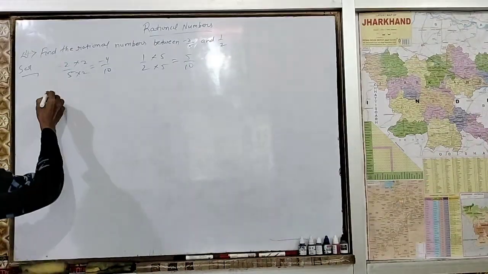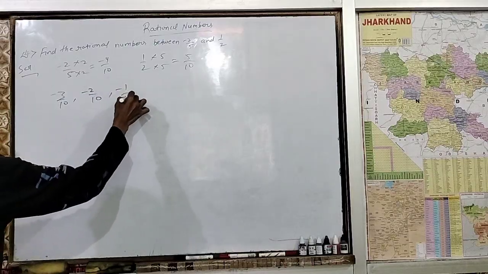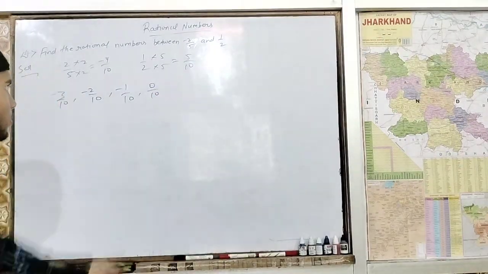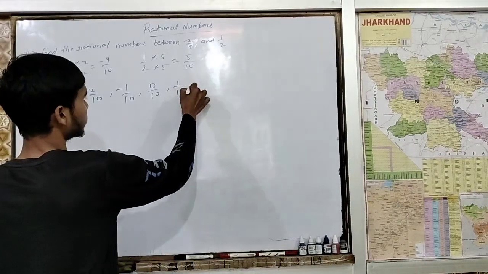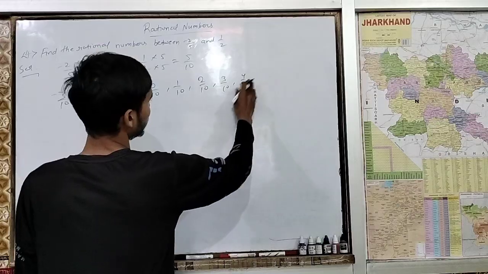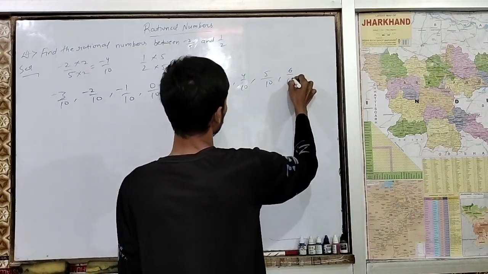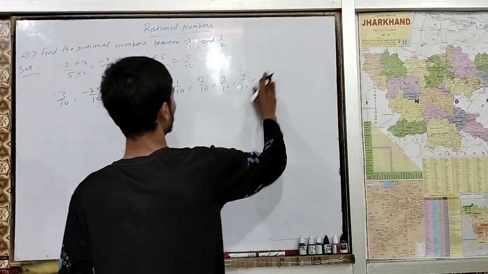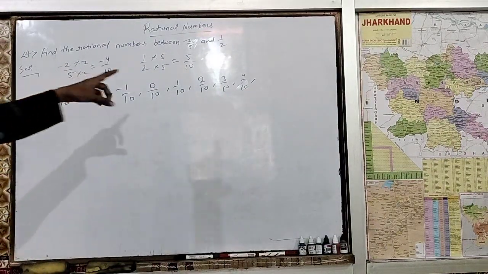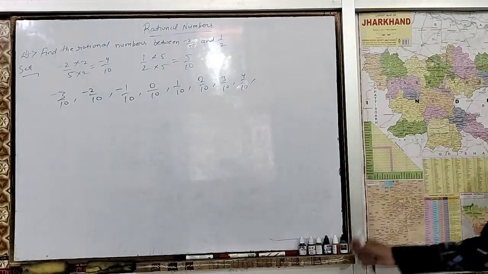Look at it. We have minus 3 upon 10, minus 2 upon 10, minus 1 upon 10, then 0, which we can write as 0 upon 10. Then we have 1 upon 10, then 2 upon 10, then 3 upon 10, then 4 upon 10. These are those rational numbers which are coming between minus 4 upon 10 and 5 upon 10.